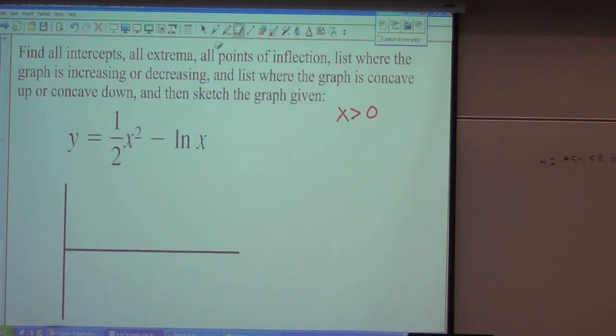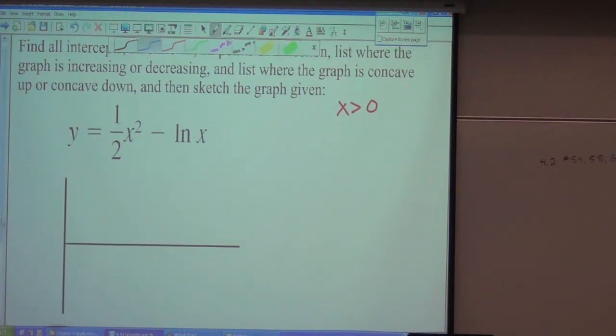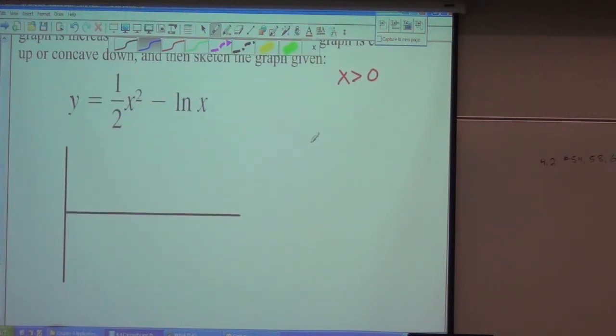We'll go to find the extrema. To find the extrema, that's where the first derivative is 0 or undefined. So we'll do the first derivative. The derivative of 1/2 x squared would be 2 times 1/2, which is 1x, minus the derivative of natural log of x, which is 1 over x. Now, that's undefined when x is 0, but we can't have x equal to 0. So then we'll set it equal to 0 and solve for x.